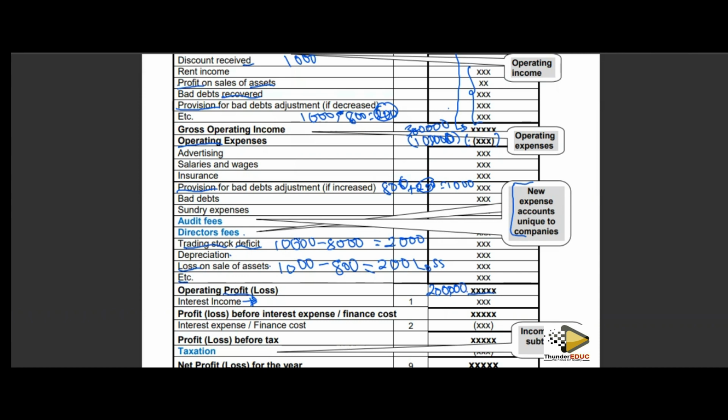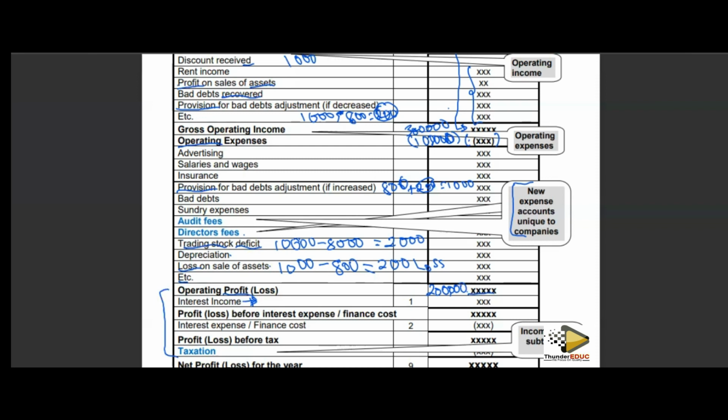Then we determine the operating profit or loss before interest expense or finance cost. Now, this part is a bit challenging to some students. Sometimes they just leave it, they don't put anything there, this part, okay?